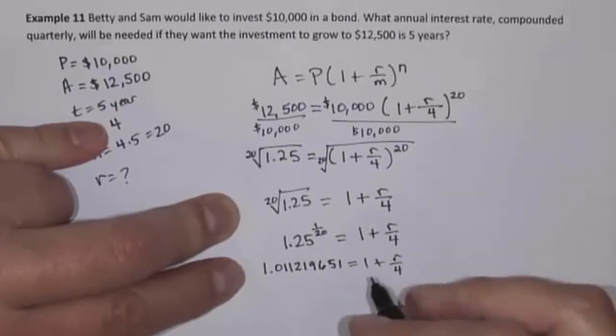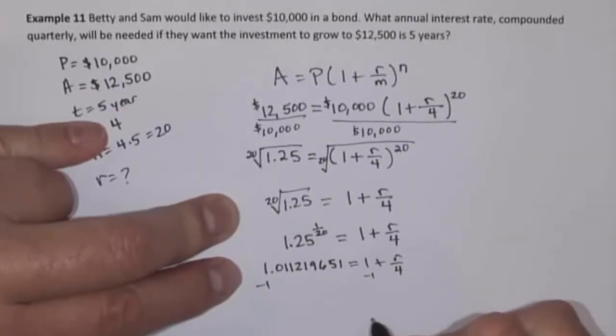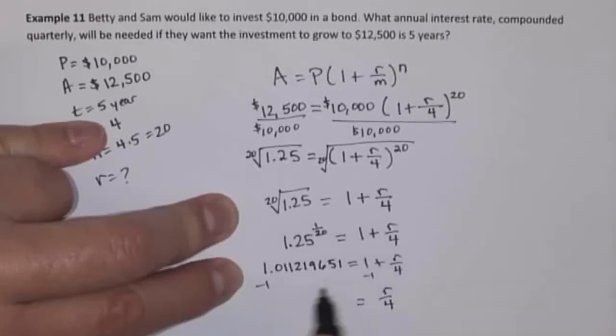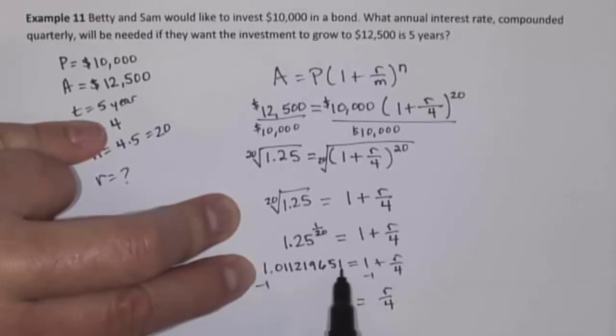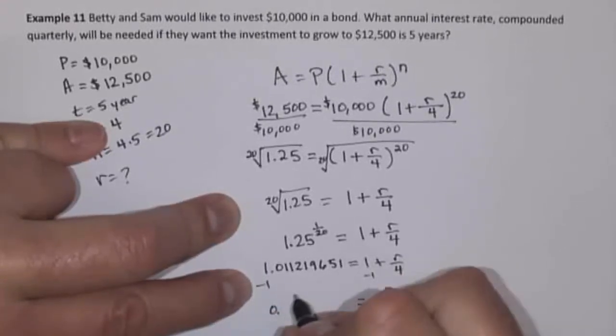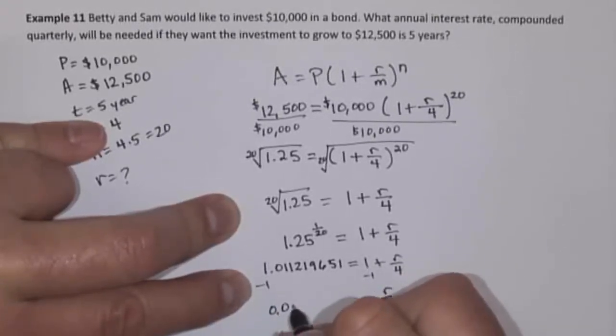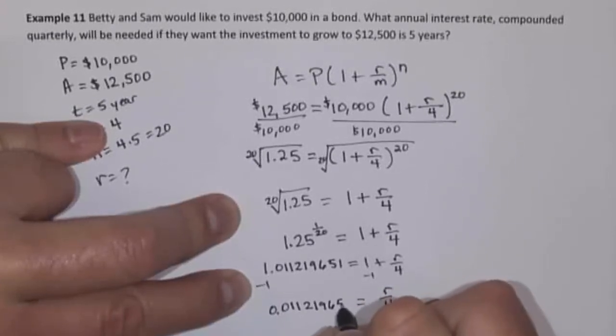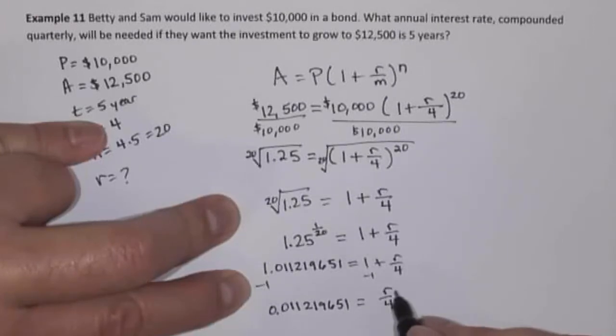So to solve for R, I'm going to subtract 1 from both sides. So that's going to give me R divided by 4 on the right-hand side. And 1 point all of that junk minus 1 is just going to be 0 point all of that junk. So 0.011219651. So now all I have is R divided by 4 equals that.